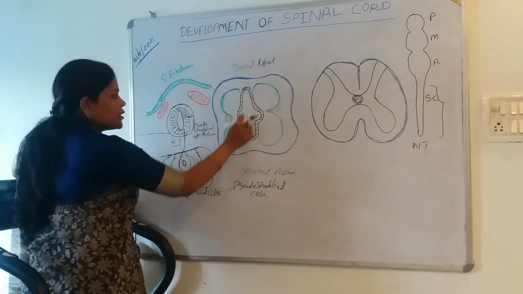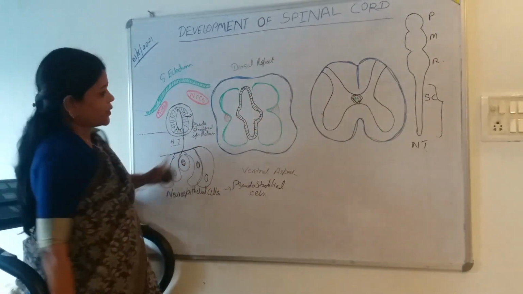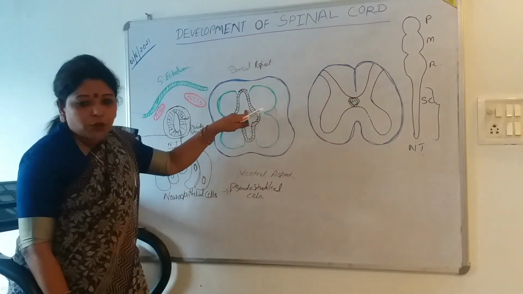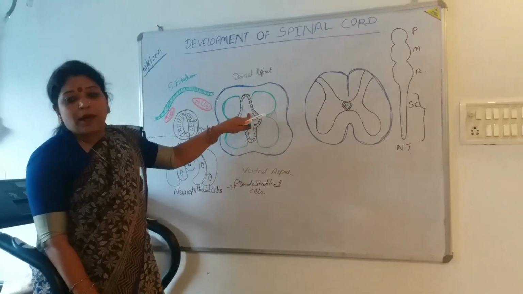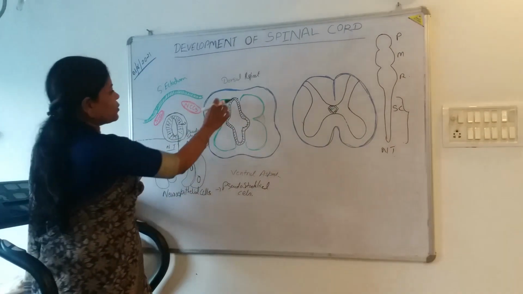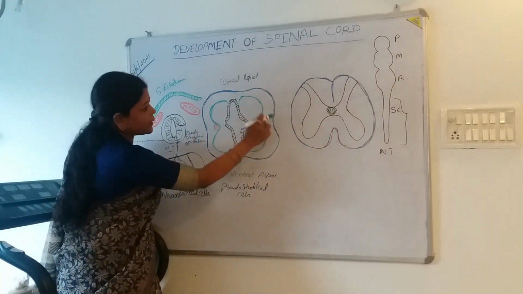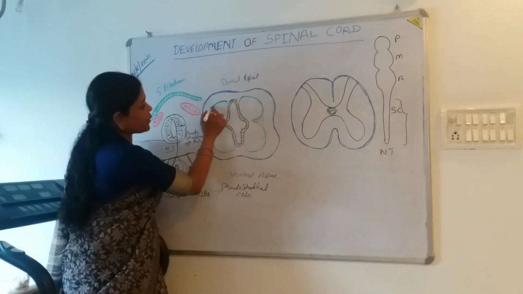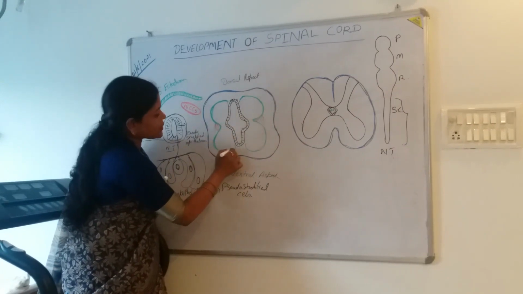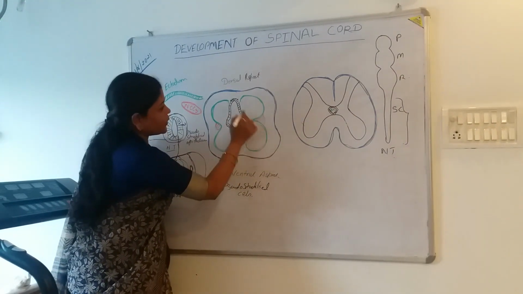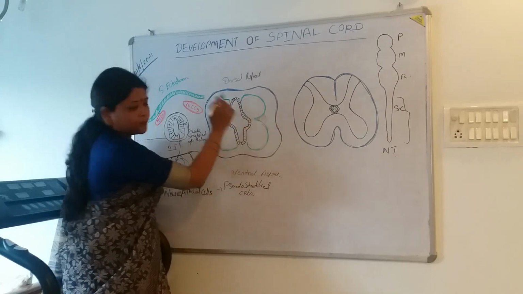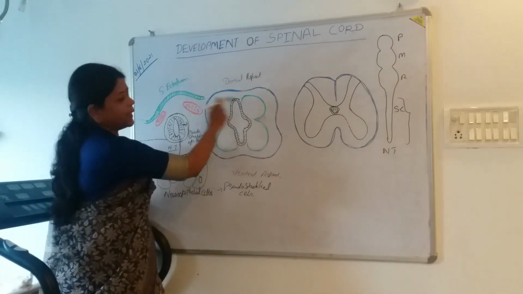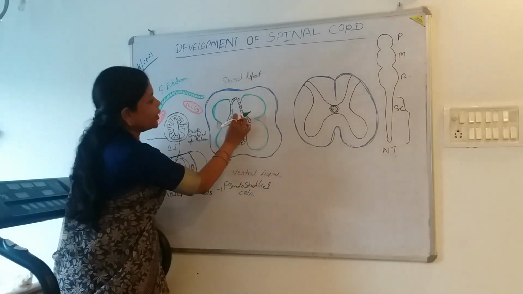They go to the adjacent part, on either side of this closed tube, which is known as the mantle layer. The whole of this area, the green colored bounded area, is known as the mantle layer, which is just adjacent to this epithelial lining, which encloses the lumen inside.